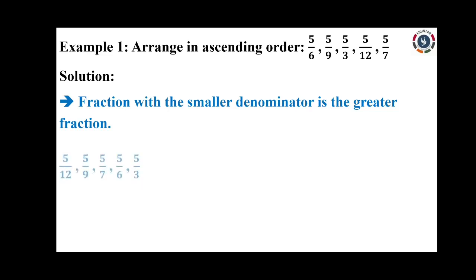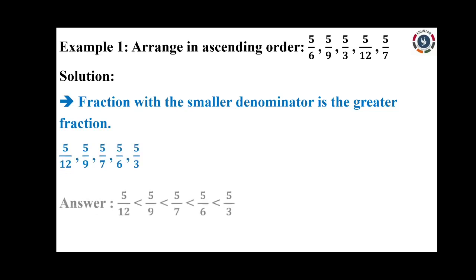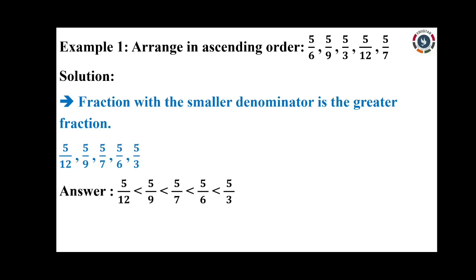So 5 by 12, 5 by 9, 5 by 7, 5 by 6 and 5 by 3. The answer is 5 by 12 is less than 5 by 9 is less than 5 by 7 is less than 5 by 6 is less than 5 by 3.